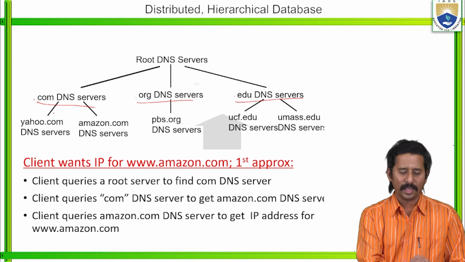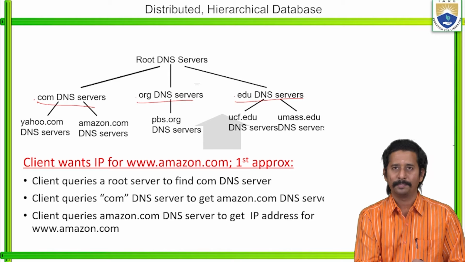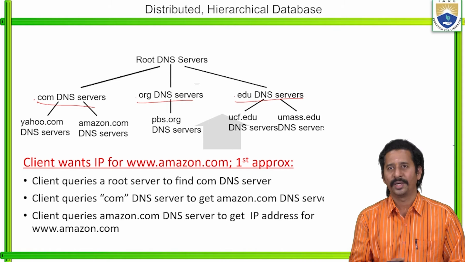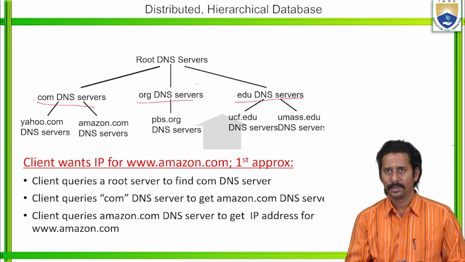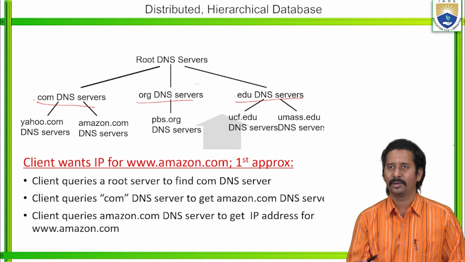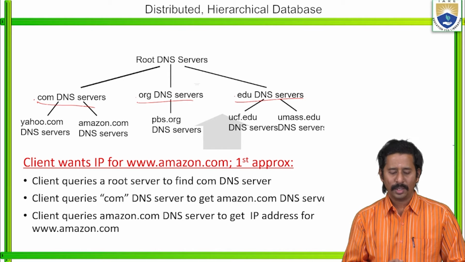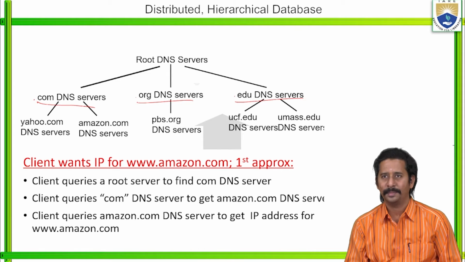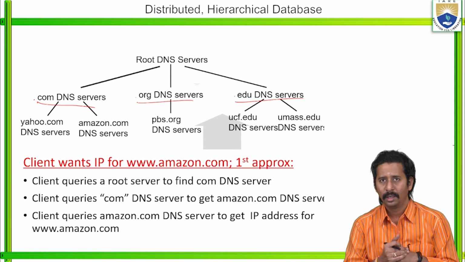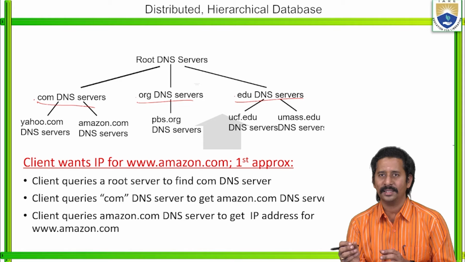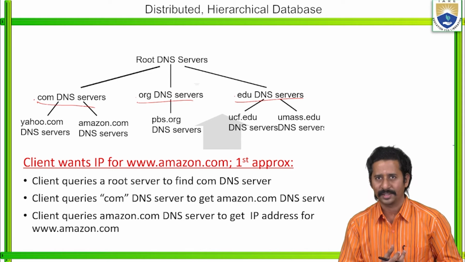See, the best example for .com, yahoo.com, amazon.com. .org, any organization, pbs.org. .edu, right? UCF, IITs, UMass, some .edu. So now the client wants the IP address for, let us take a simple example, amazon.com. Initially, each and every node doesn't require to know that particular IP address.